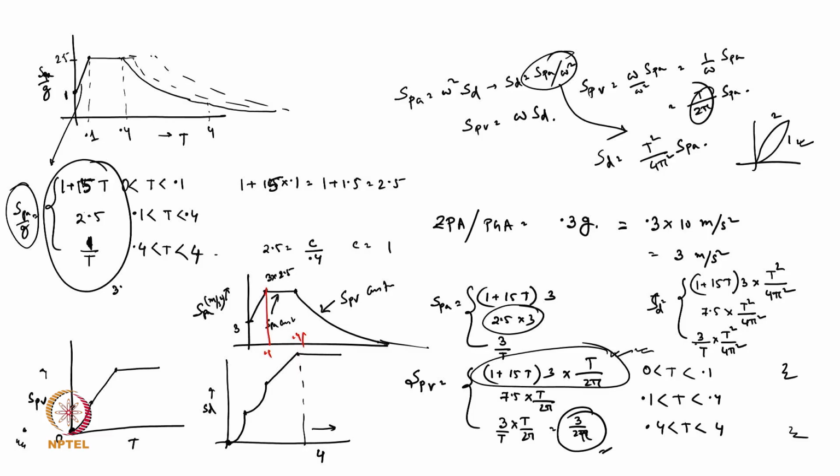So I can say that 5 to 6 seconds will be the time period. A 5 to 6 second time period means it has a very small amount of SPA. No doubt, because SPA will be very low in that region. So it is not attracting that much earthquake force. So what's the problem? Why are people not building all tall buildings? That's much better. So where will the problem come?